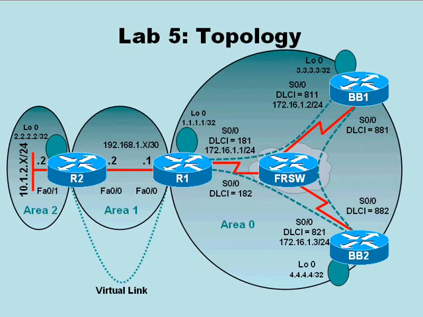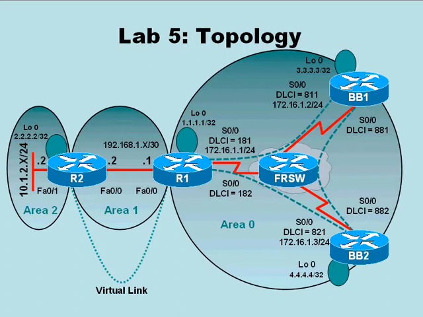And the same goes for routers BB1 and BB2. We have a couple of PVCs, permanent virtual circuits, built on these physical interfaces. Those are still in place, but you'll notice with this non-broadcast configuration, all of the routers connect into this frame relay cloud as members of the same subnet.